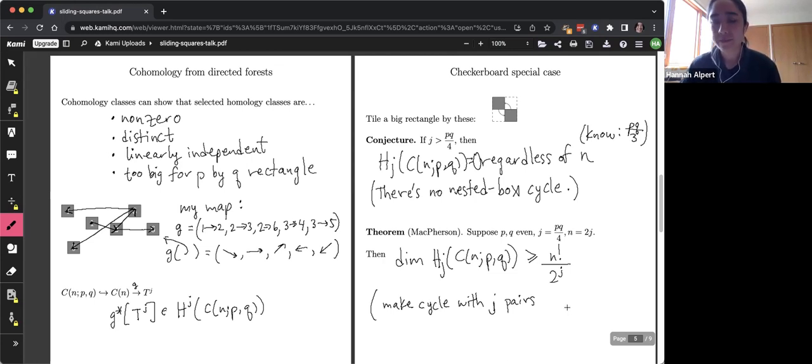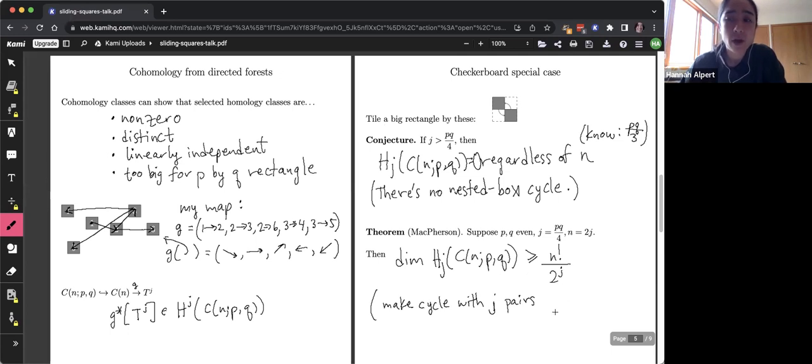So this number n factorial over 2 to the j is a count of permutations. You can look at all permutations, but if you swap the labels of the 2 pieces in one 2x2 box, you get the same homology class. That's just like rotating the circle by half a turn. So you exclude those and you say that within each box, the 2 pieces have to be in order. This is the number of cycles that you get.